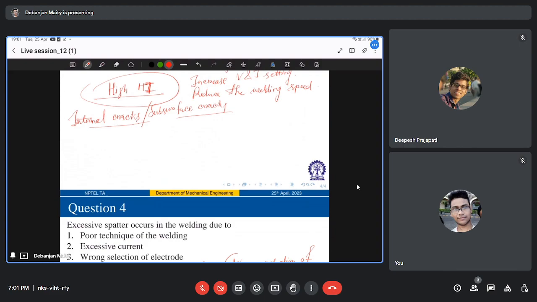So they are cracks under the region, and many times you also have some small cracks like fissures. Fissures are small cracks which are hidden in nature.